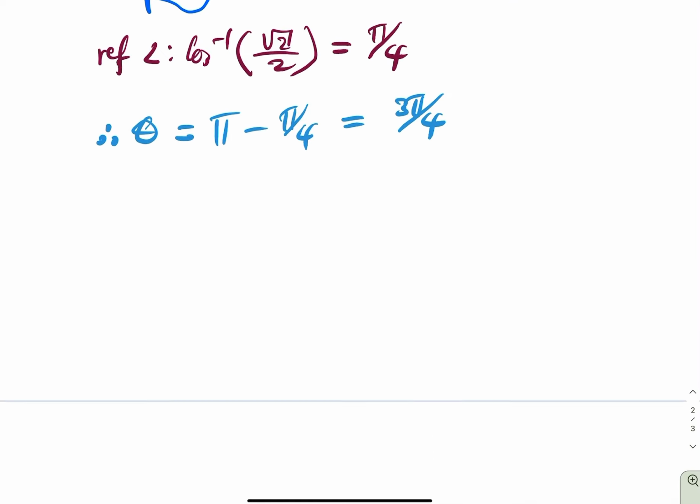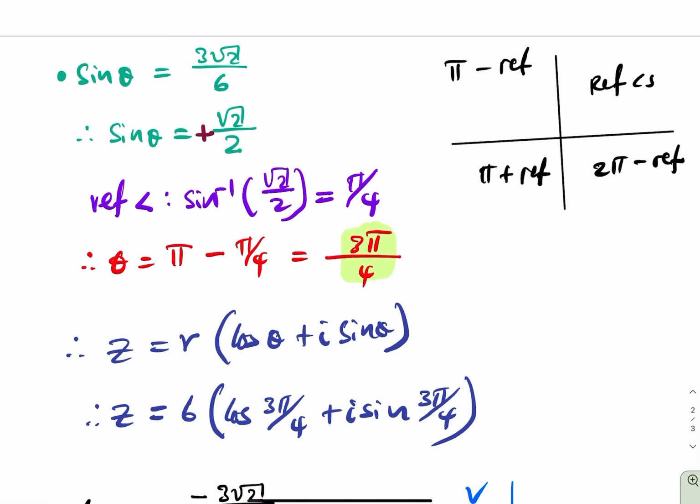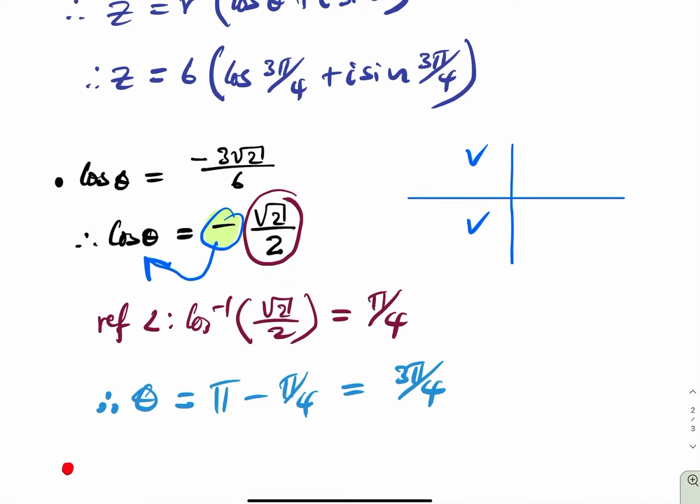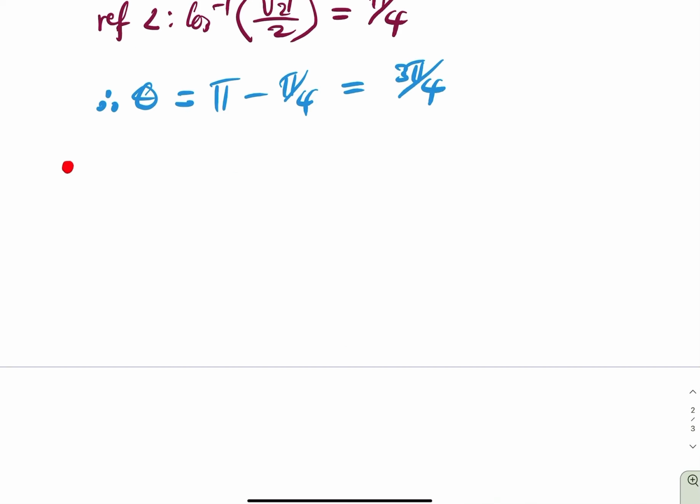The third one, which is the last one, is if you want to work with the tangent, because so far you worked with your sine, you also worked with your cos trig ratio. Now I want to work with my tangent. So I'm going to say the tangent of theta is equal to the opposite over the adjacent.